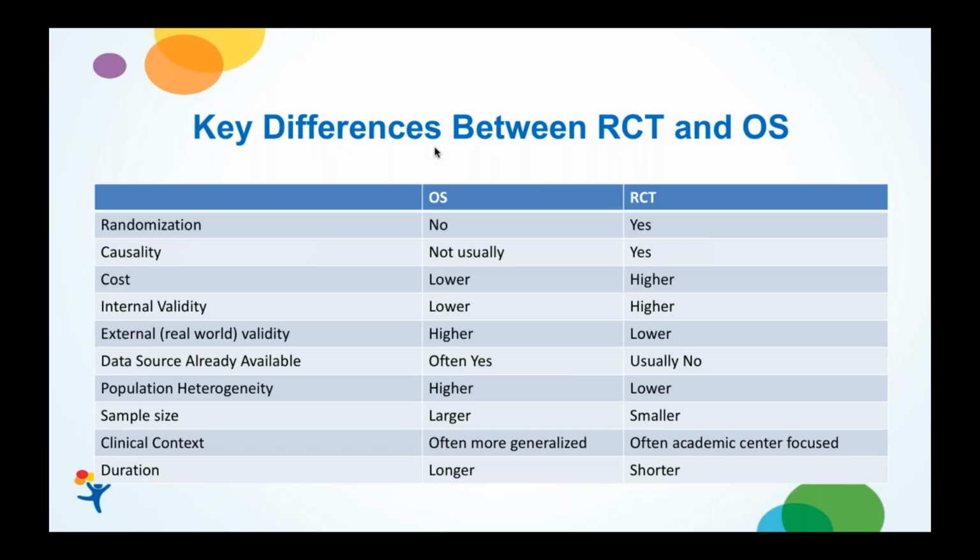So I think this is really the crux of the whole talk, diving deeper into the key differences between the two. Of course, observational studies are not randomized, whereas a randomized controlled trial is. Generally what this means is that with an observational study, it's much more difficult to assign causality to the effect of an intervention, because there are things you might not have controlled for adequately since you're not randomizing.